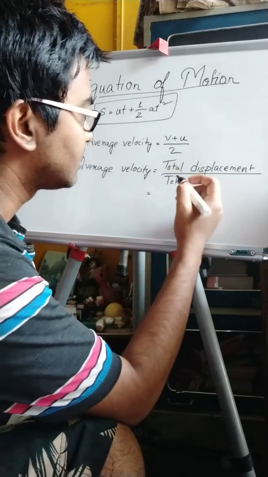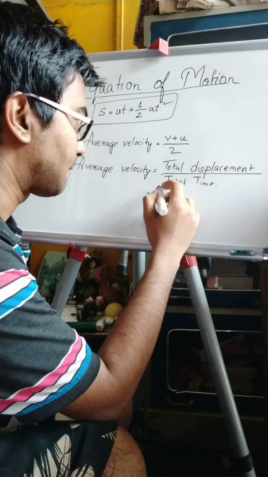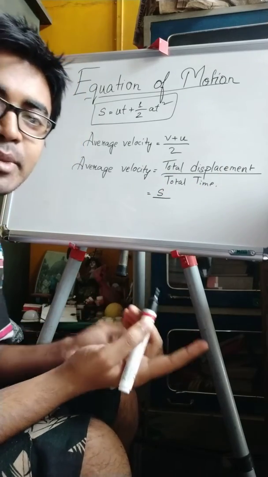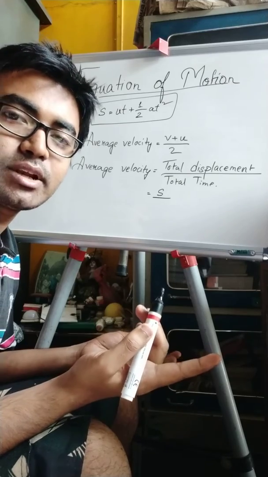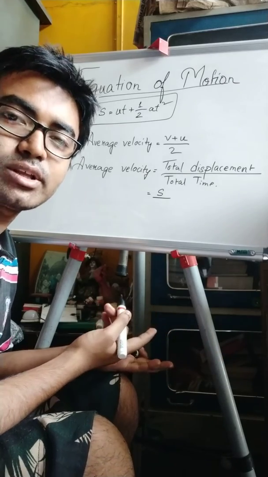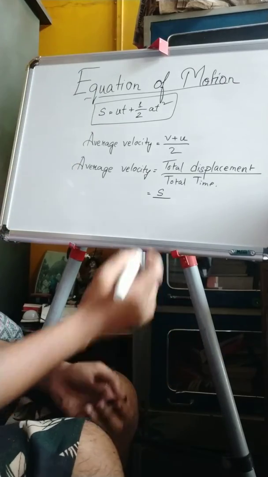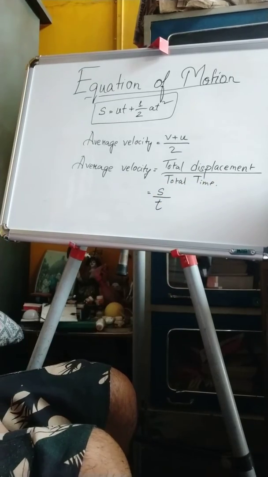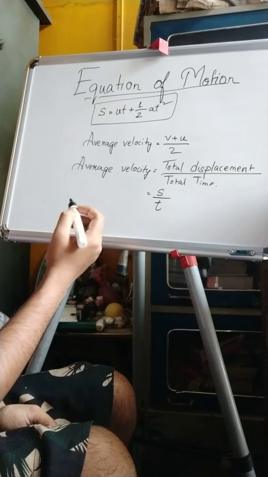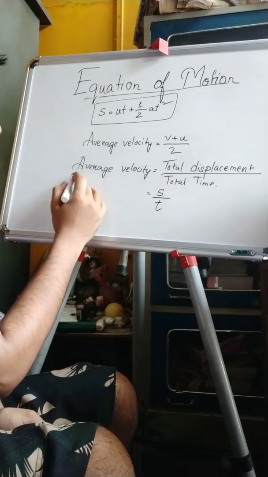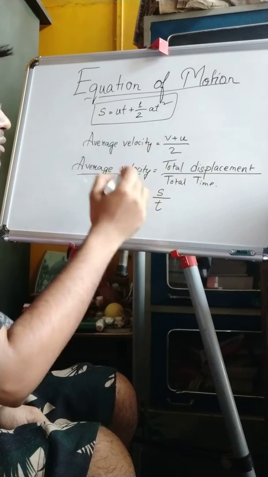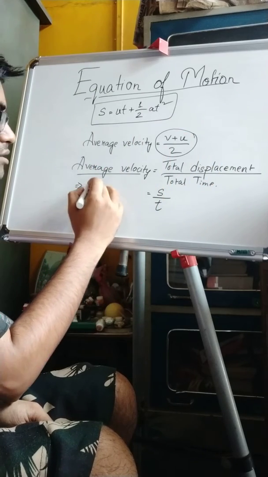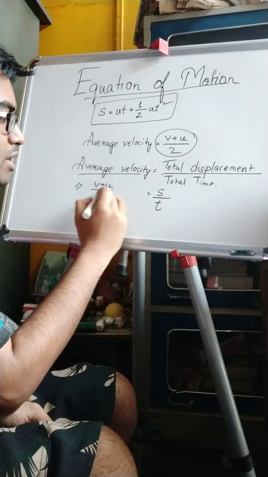It can be denoted as S, because distance or displacement is ultimately the same thing, but the difference is that one is a scalar quantity, another is a vector quantity, and time would be t, right? Alright. Now, we will replace average velocity with this formula, that is v plus u by 2.